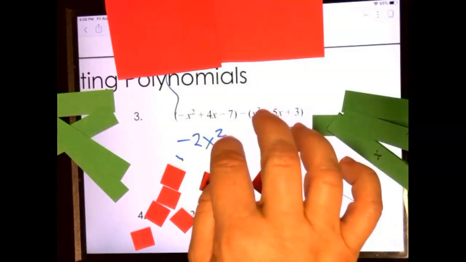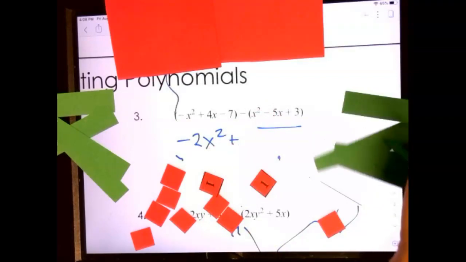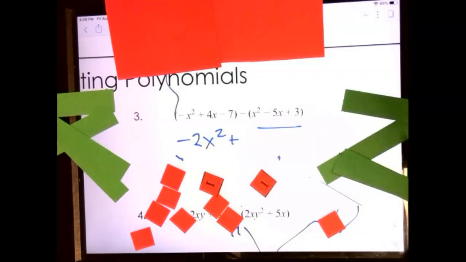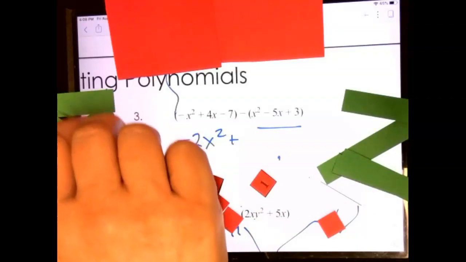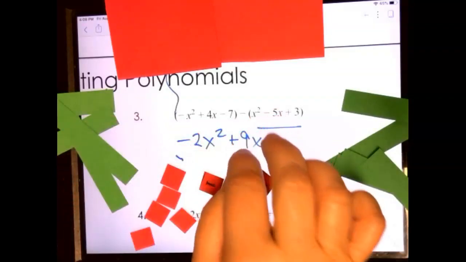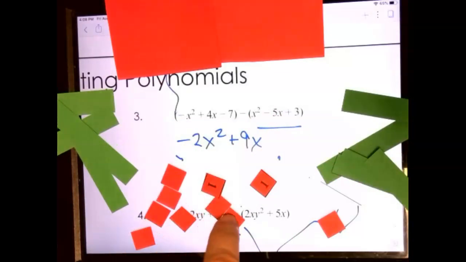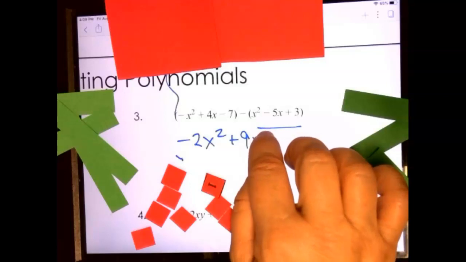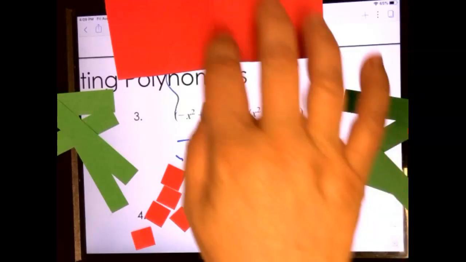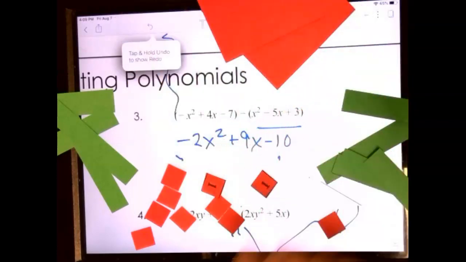Positive 1, 2, 3, 4, 5, 6, 7, 8, 9. Positive 9x. And then we have 1, 2, 3, 4, 5, 6, 7, 8, 9, 10. Plus, oh, they're red, minus 10.